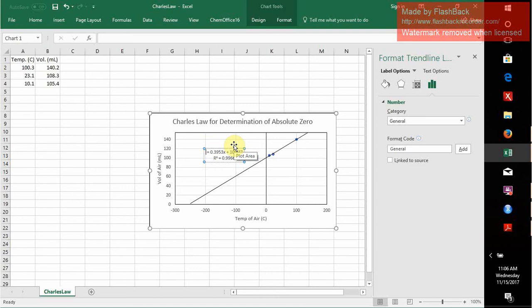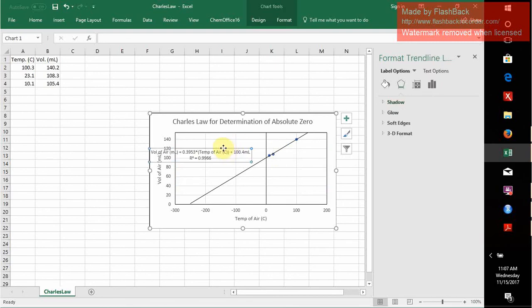So we have volume of, and again that gas is air, in milliliters is equal to 0.3953, times temp of air, and that's in Celsius, plus 100, and let's round that to 1 decimal place, 100.4 milliliters.